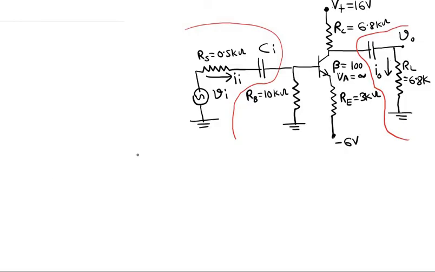Let us first draw the small signal equivalent model for this circuit. Okay, we have three terminals just as before. One is this base, one is the collector, and another is the emitter. As I stated, between the base and the emitter, the small signal base resistance R pi is present.